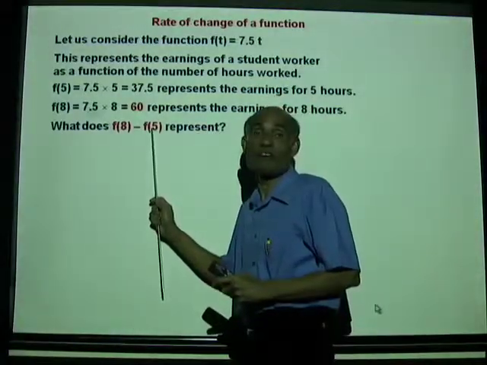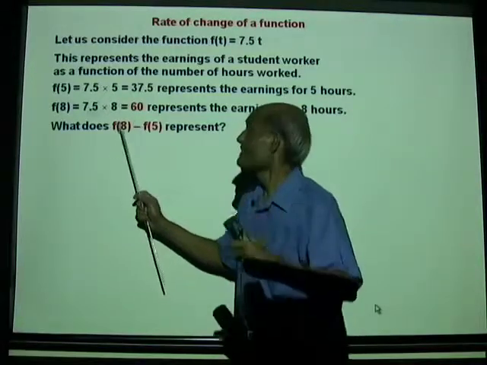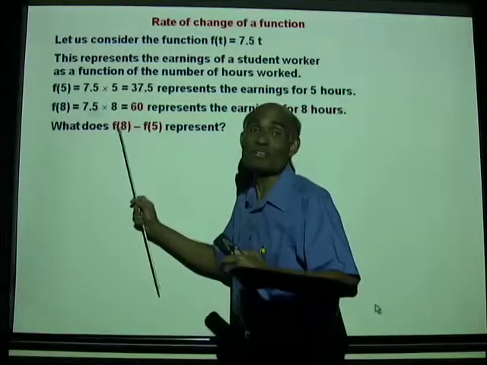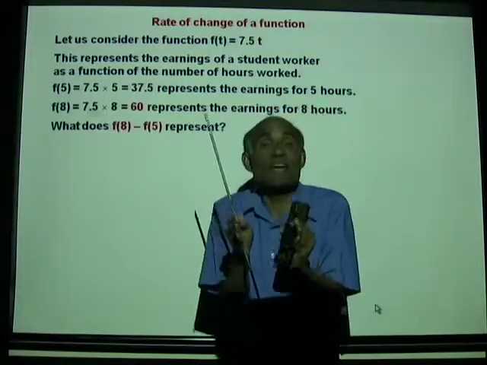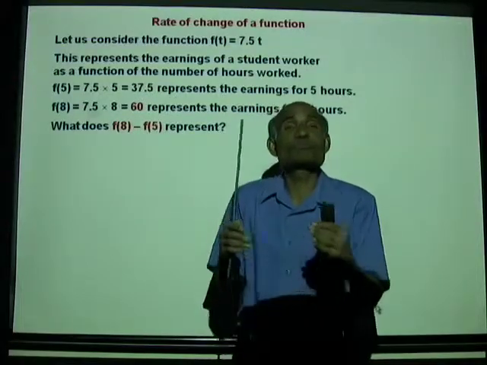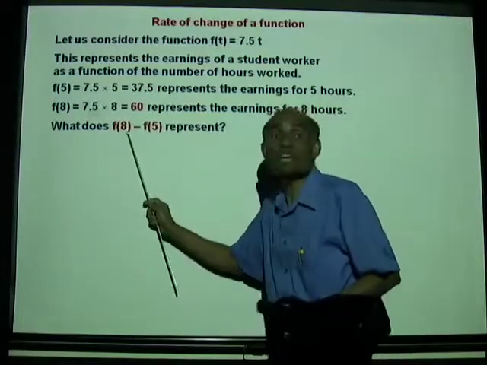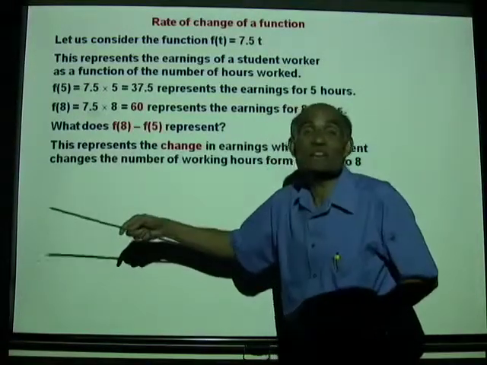After working for 5 hours, the student works for 3 more hours to complete 8 hours. So f of 8 minus f of 5 represents that extra amount of money the student earns when he works for 3 more hours.